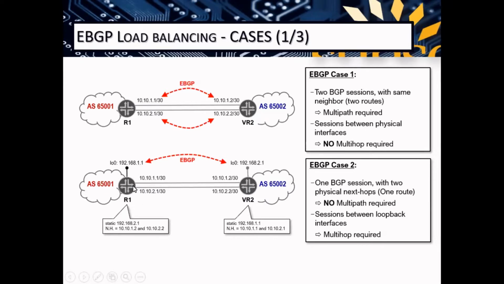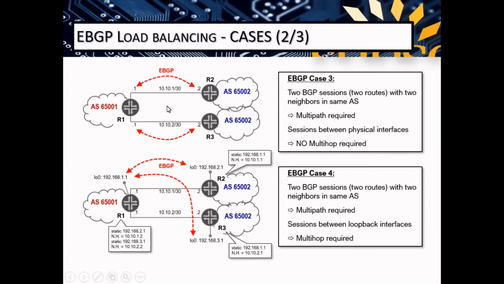Well, if router 1 receives this route and tries to resolve the BGP next hop, 192.168.2.1, it resolves to two physical next hops. In this example, I have static routes. So when the route is installed in the routing table, it will have two next hops available. So all I have to do is turn on ECMP for load balancing to happen.